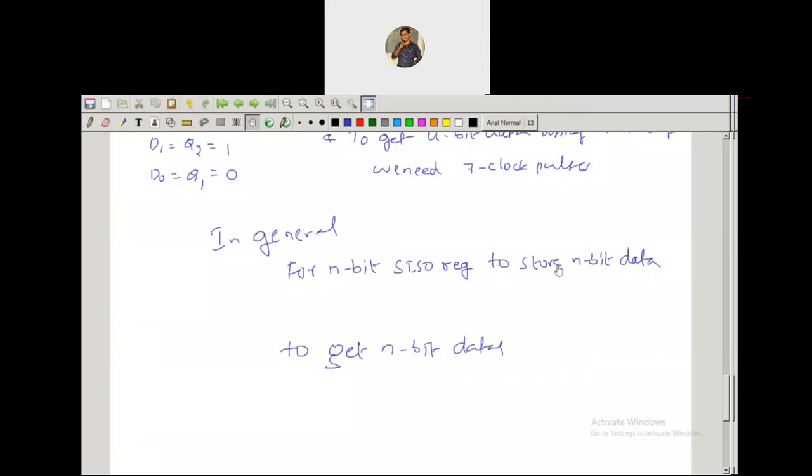So to store the n-bit data we need n clock pulses, and to get the data we need 2n minus 1 clock pulses. If we put n equals 4, you get 4 clock pulses, and 2 fours are 8 minus 1, 7 clock pulses. So it is about the SISO right shift register.